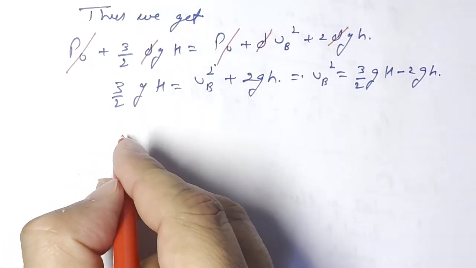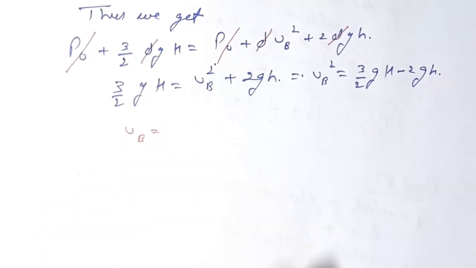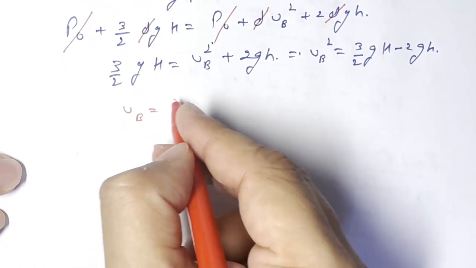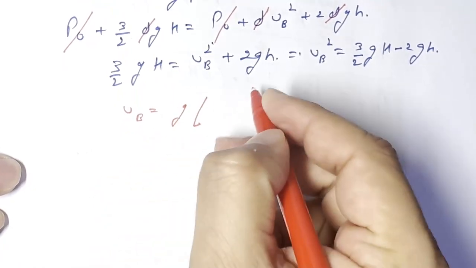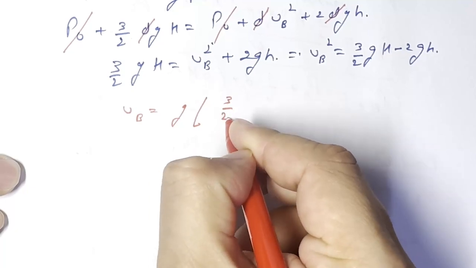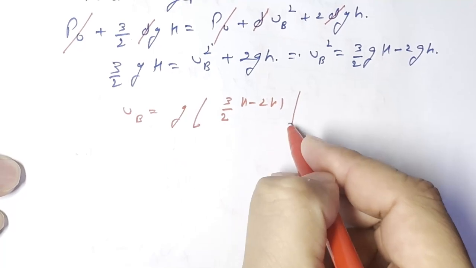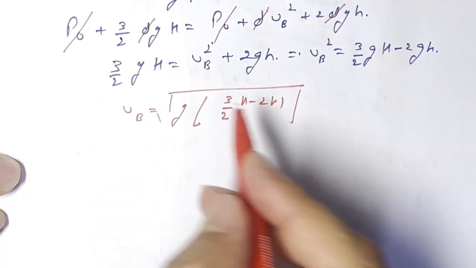Therefore, we can write that the velocity of efflux at point B, that is Vb, will be equal to square root of g, this comes as 3 by 2 h minus 2h.